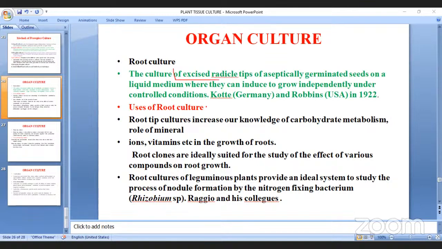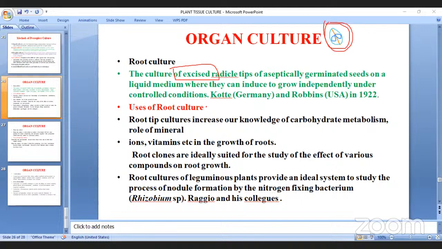Radicle tips. Select a radicle tip as an explant. Where is the radicle? The radicle is present in the embryo. For example, this is the seed, and embryo, embryonic axis, cotyledons.